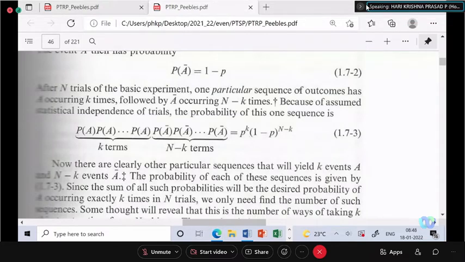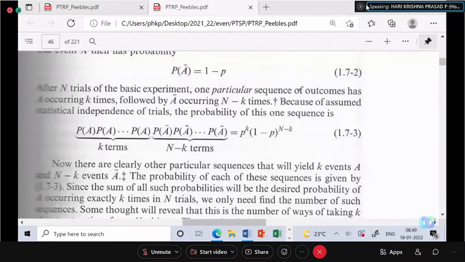Then the probability of occurrence of A complement is 1 minus p. Now, since A is happening k times, p is raised to power k. Since 1 minus p is happening n minus k times, it is given by 1 minus p raised to the power n minus k.